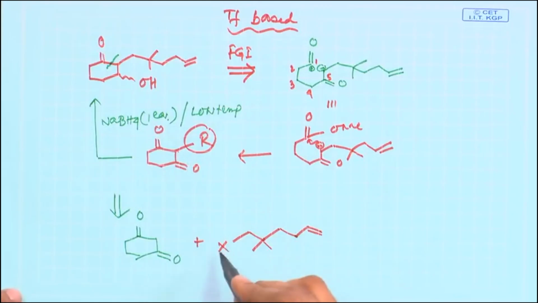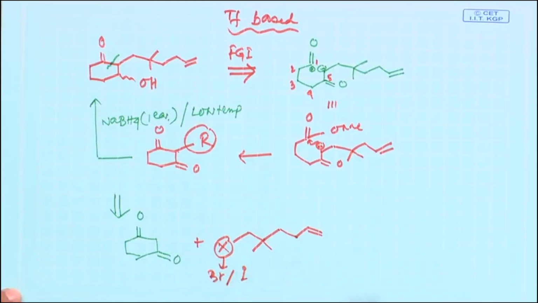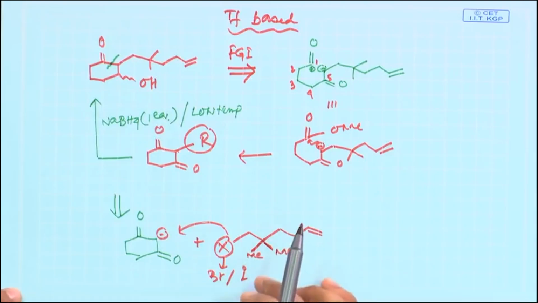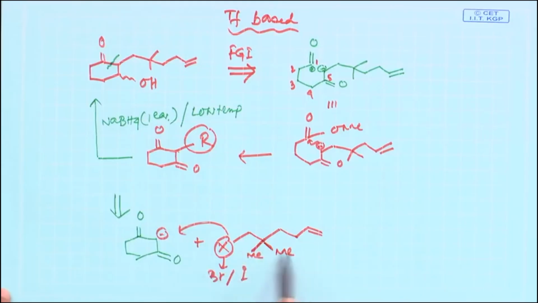Now, if you have electrophile X, where X is bromo or iodo, this carbanion you can easily generate because of the 1,3-dicarbonyl system, and then you can do an electrophilic reaction. This in principle is fine, but sometimes this electrophile is sterically crowded due to the presence of the geminal dimethyl, so this reaction might not operate. This is a theoretical possibility; unless you do it in the lab you are not sure, so you can still give it a try.